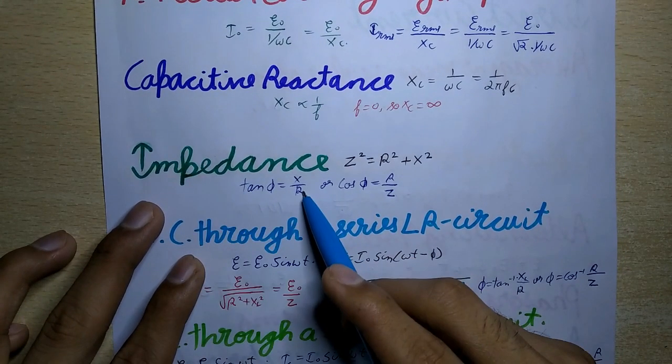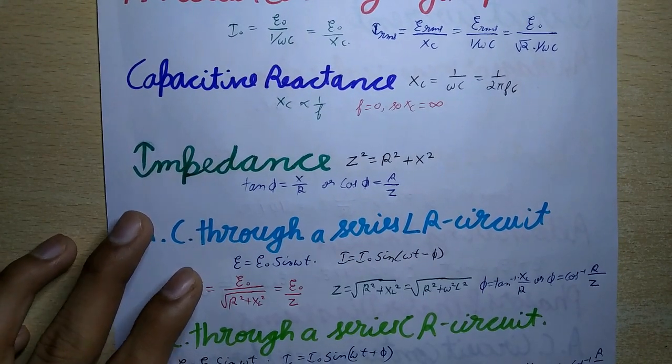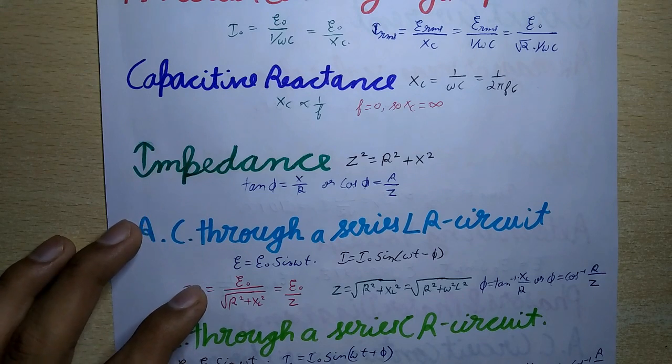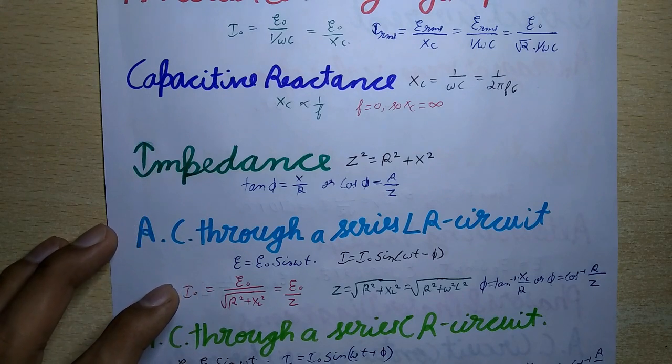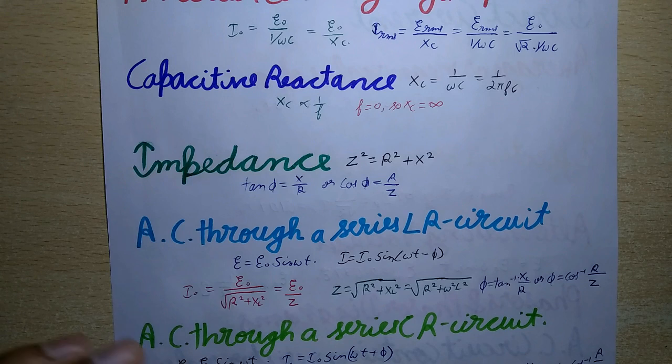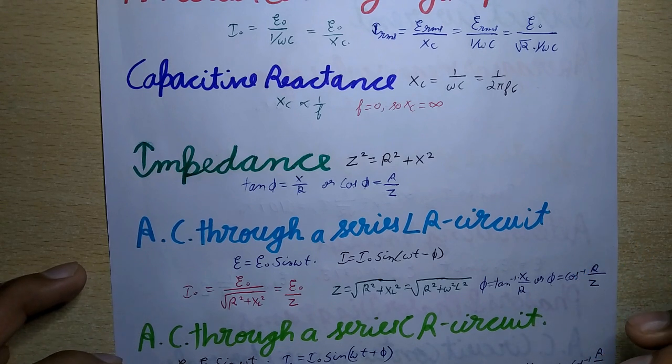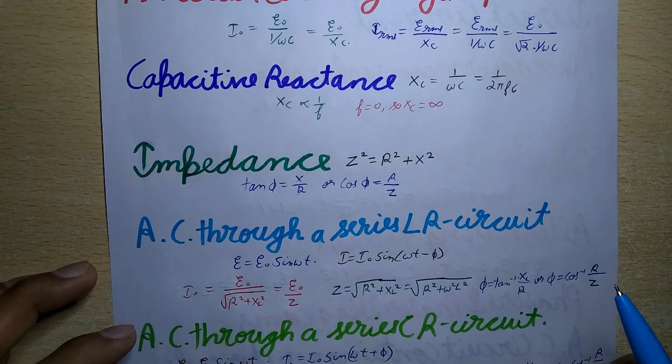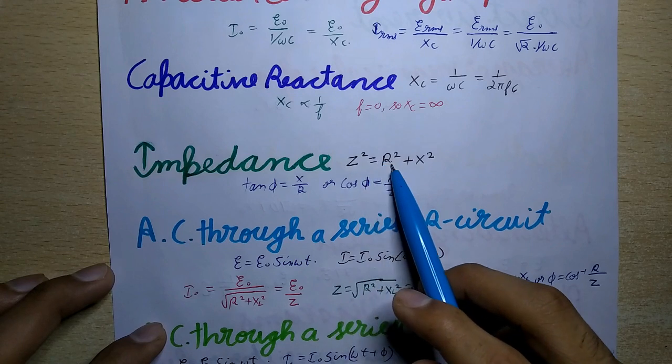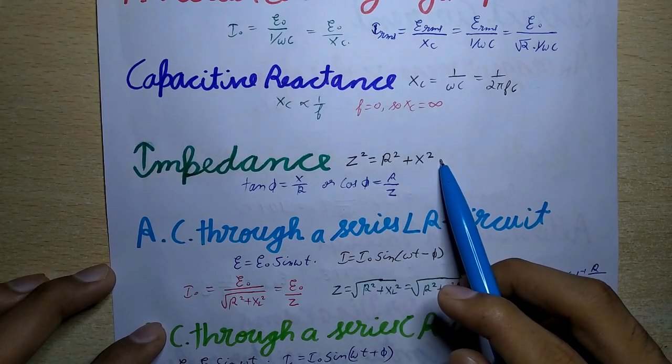Now next is impedance. It is a quantity that measures the opposition of a circuit to the flow of current through it, and so determines the magnitude of the current. In a DC circuit this is the resistance R alone, and in an AC circuit the reactance X also has to be taken into account according to the relation Z² = R² + X², where Z is the impedance.